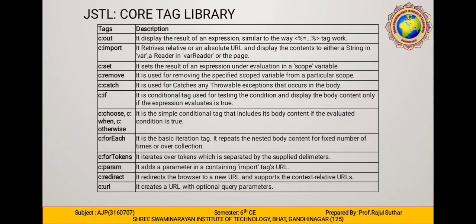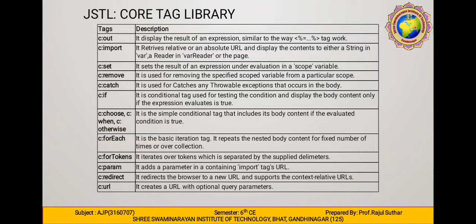The core tag contains some sub tags like c:out, import, set, remove, catch. Here are the simple conditions we already use in C language or any language, like the if condition, and we require the switch case. So here choose and when are conditions as used in other programs.